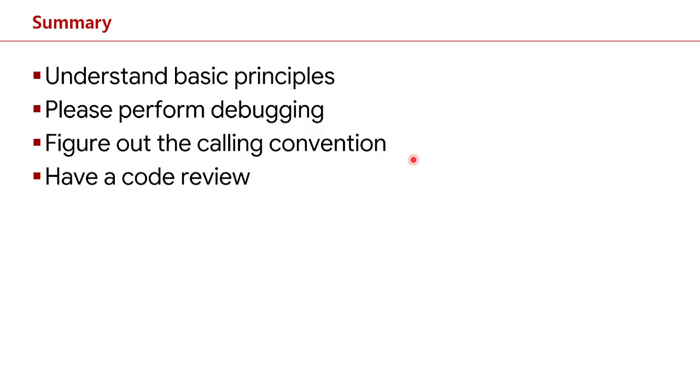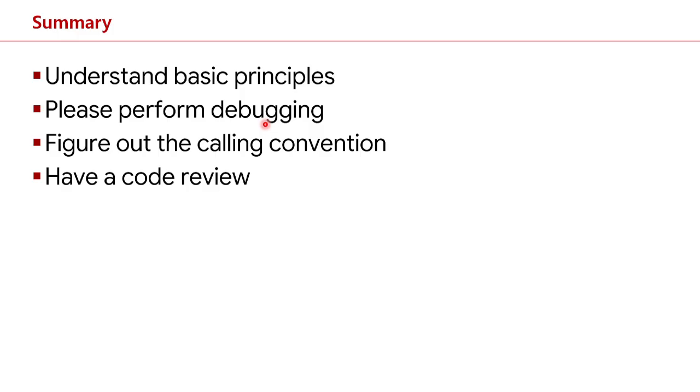Now you got to know about the 4 effective ways to learn about the register in RISC-V architecture. The first one is to understand the basic principle of the register after reviewing the RISC-V reference manual. The next step is to perform debugging to identify how a register can be used.